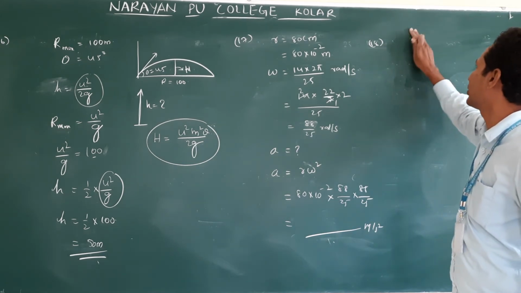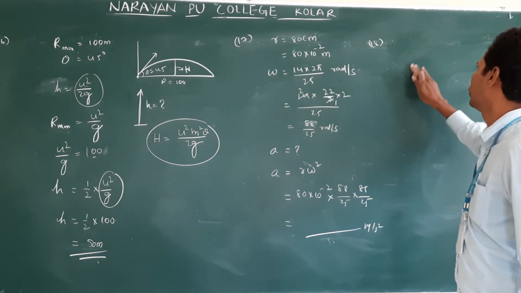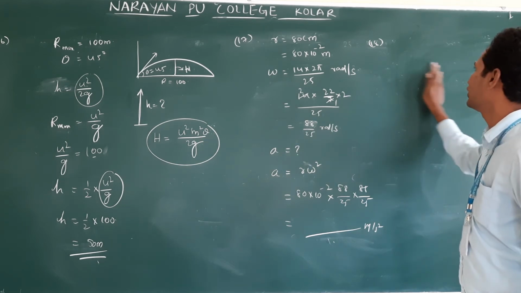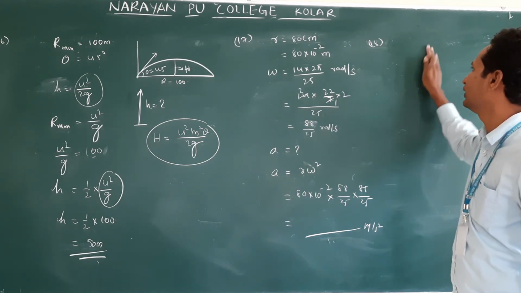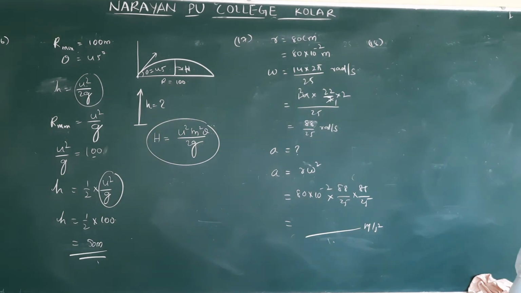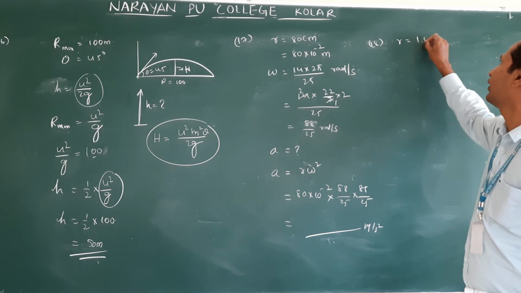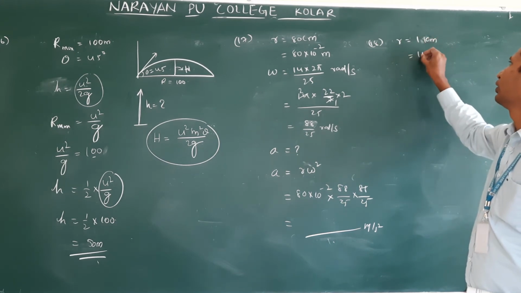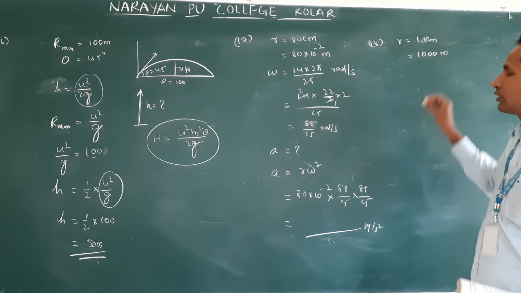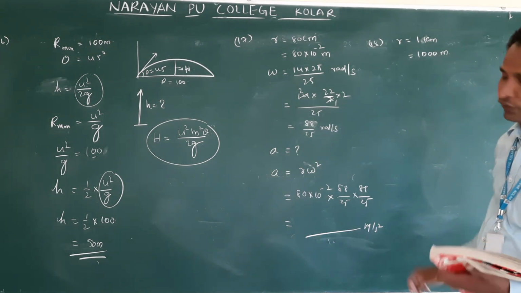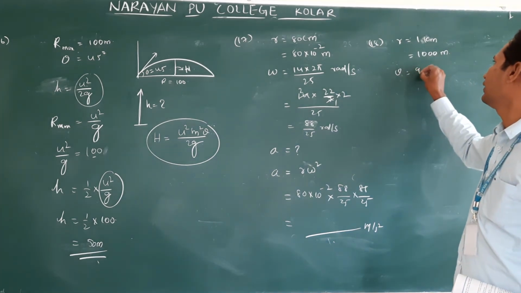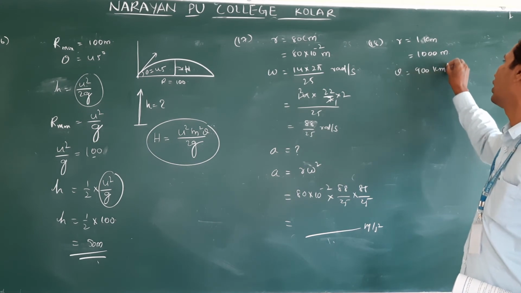They are asking the centripetal acceleration of the aeroplane and to compare this value with the acceleration due to gravity. Now, radius given, r is equal to 1 kilometer. What does it mean? 1000 meters. Next, speed given, velocity 900 kilometers per hour.